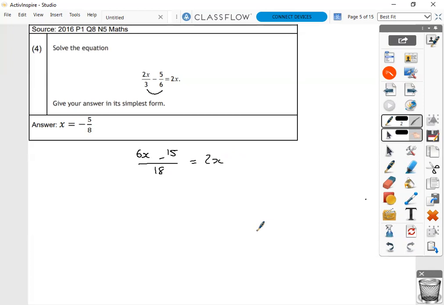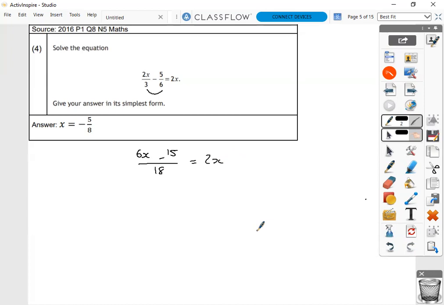All right. At this point, again, there are a few ways of doing this. We could simplify that left-hand side, or we could just bring that 18 over to the right-hand side straight away and just multiply that.